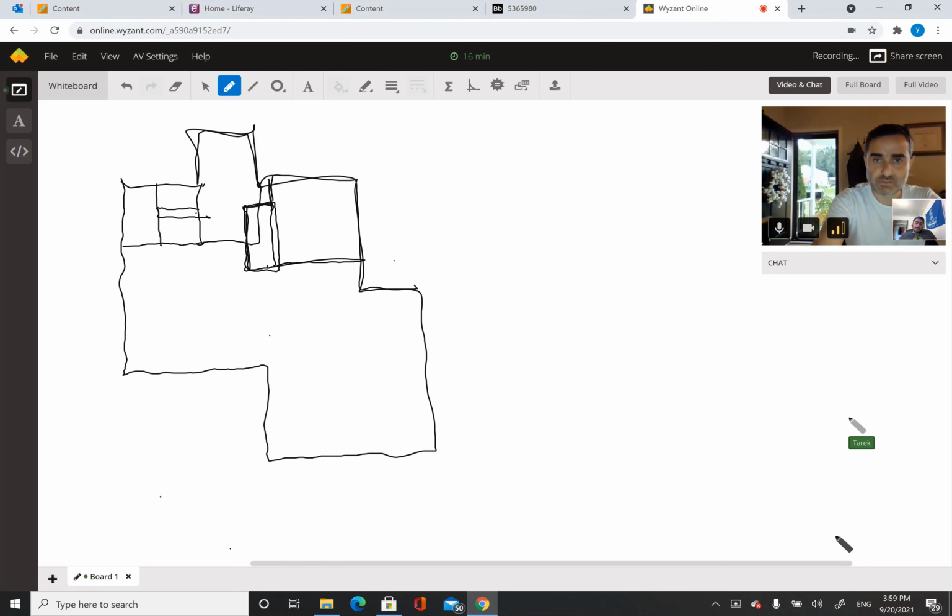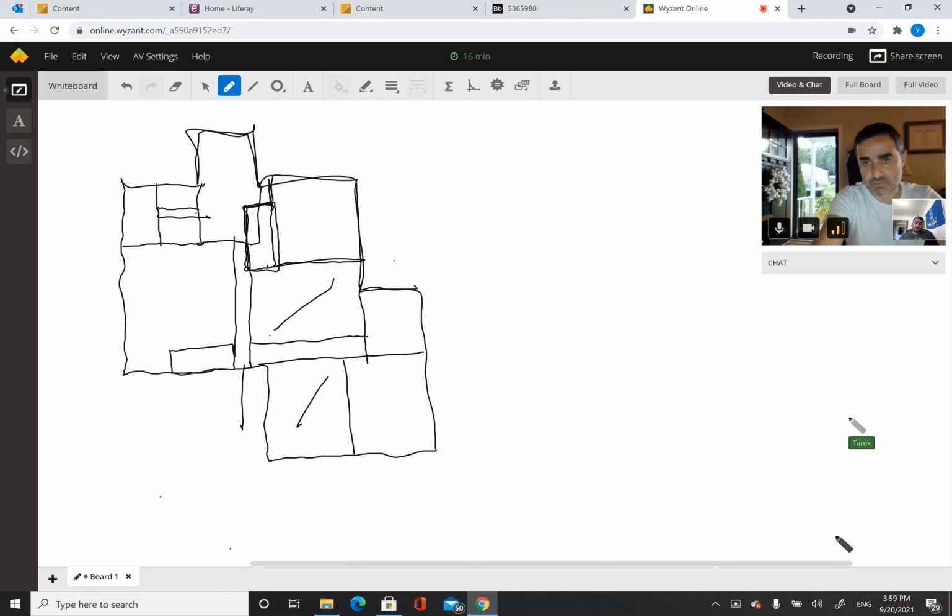And then you might lead into a corridor that exits out. There's another stair. I'm just making things up, okay? And then you've got large classrooms like that. So that's a classroom, that's a classroom. Let's say this is a large auditorium that you enter from the lobby. And that's your design for your building.